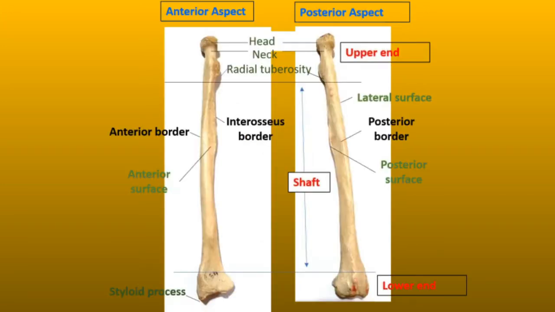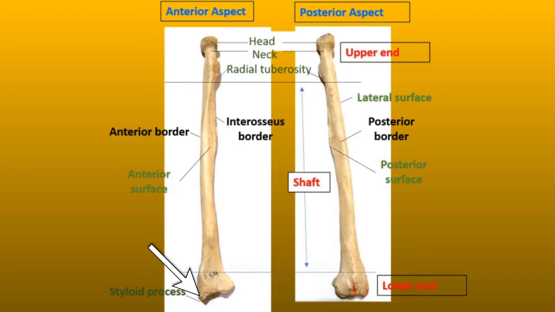Now the next thing is the shaft of the radius bone. The shaft has 3 borders and 3 surfaces. The 3 borders are the anterior border, the posterior border, and the medial or interosseous border, which is the sharpest border of all in the radius bone. First, the anterior border. This border extends from the anterior margin of the radial tuberosity up to the styloid process in the lateral part.